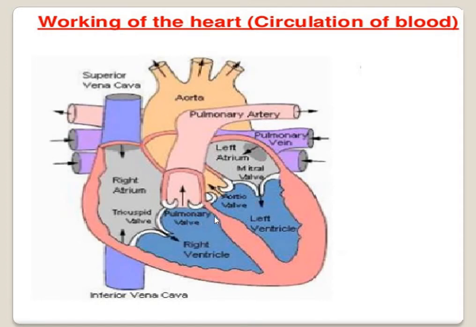The ventricles are externally demarcated by an oblique groove, which is known as interventricular sulcus. Internally, the two auricles are separated by the interauricular septum, and the ventricles are also separated internally by the interventricular septum.